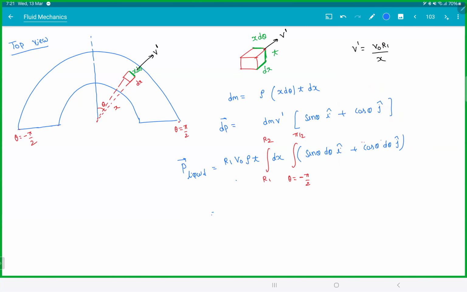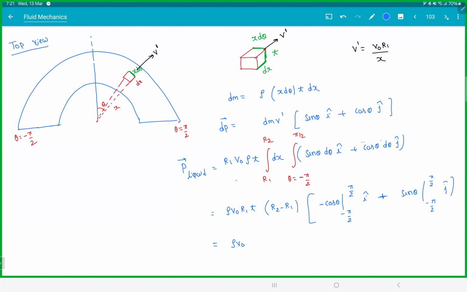So its integration will be rho V naught R1 T. X limits will go from R2 to R1. And this integration will be sine theta d theta, whose integration is minus cos theta, minus pi by 2 to pi by 2, i cap. That will cancel anyway. And this one will be sine theta from minus pi by 2 to pi by 2, j cap.